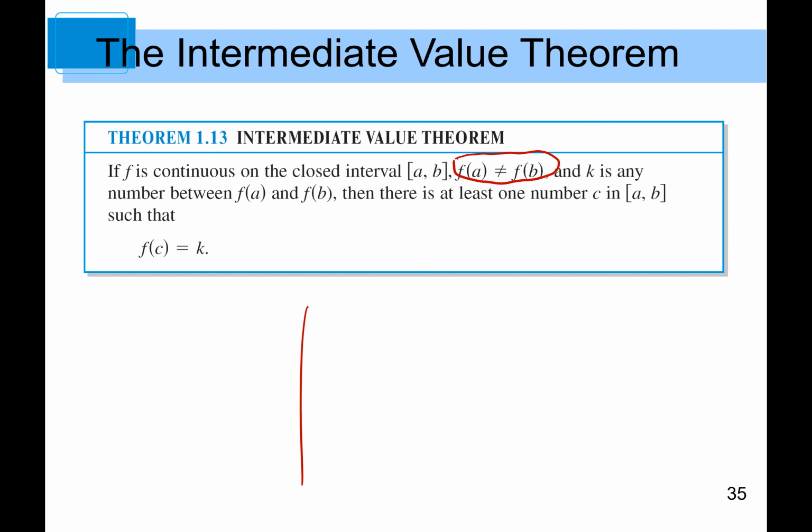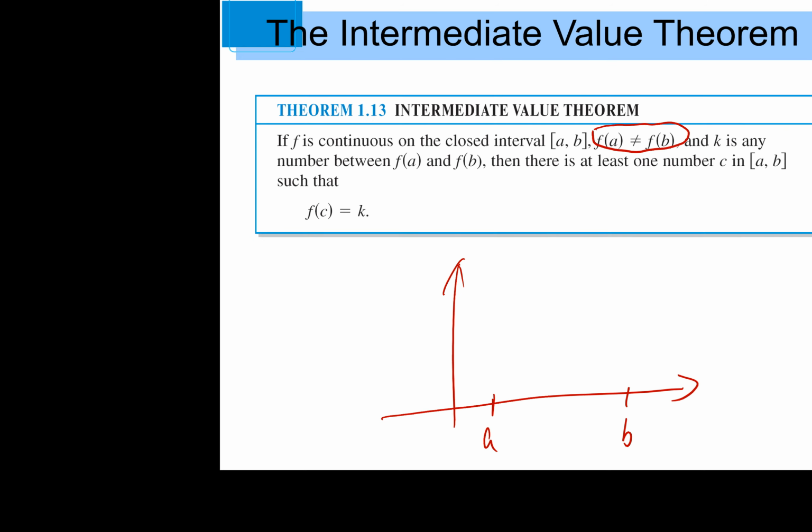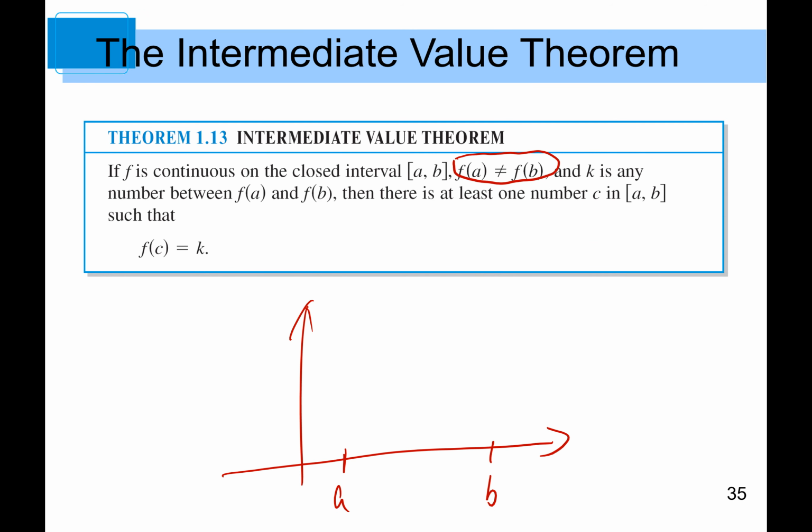So basically it's like this, right? Let's say we have an interval [a, b], and the function looks like this. Let's say this is point c, right here. So this is f of a, that is f of b.